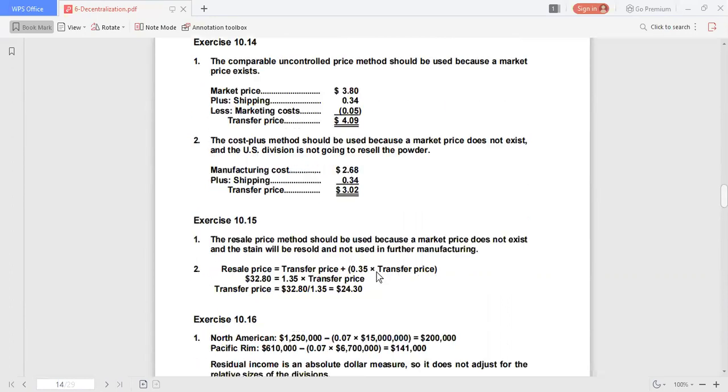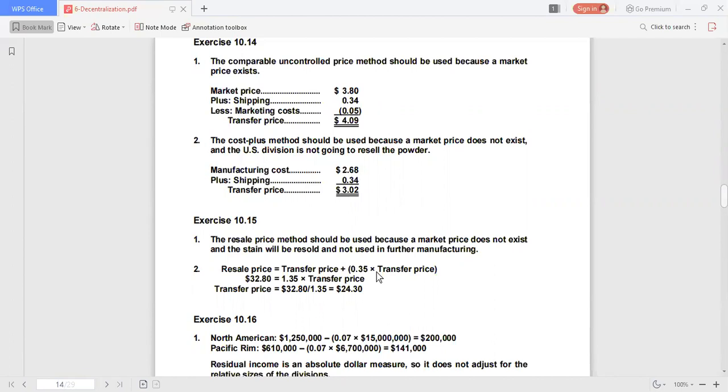Okay, so we have now the resale price method should be used because market price does not exist and the stain will be resold and not used. So this resale price equals the transfer price plus 35% of the transfer price. So we now have the transfer price taken at 24.30. That's for number 15.